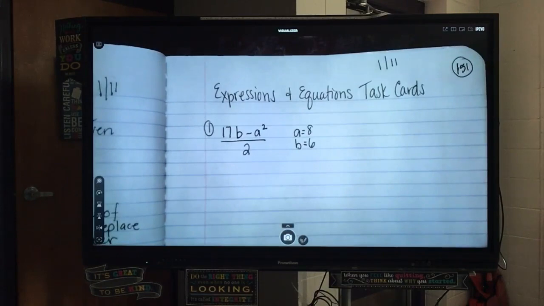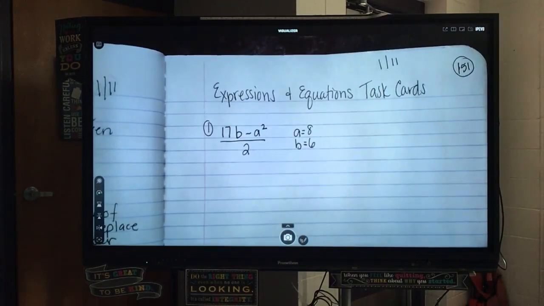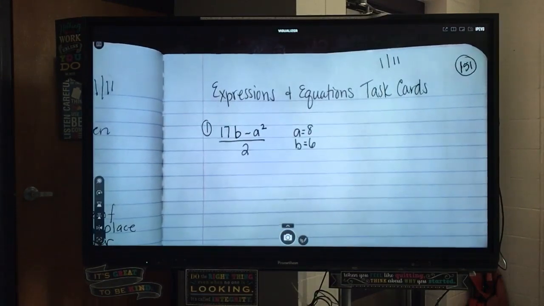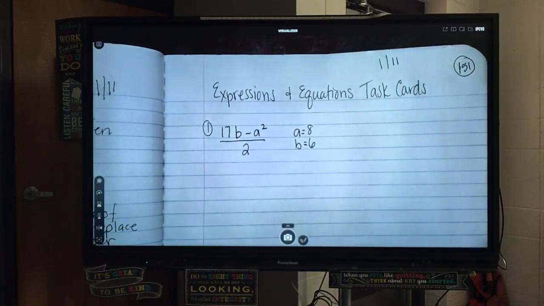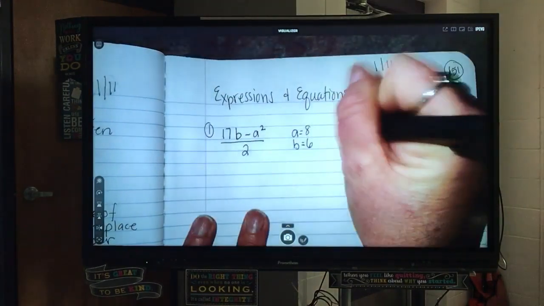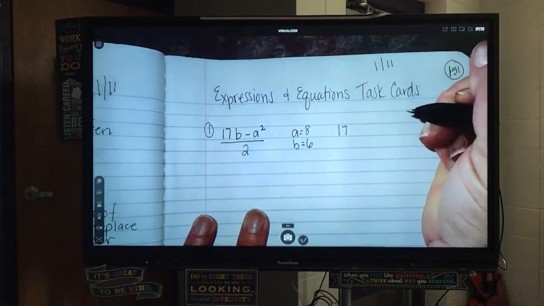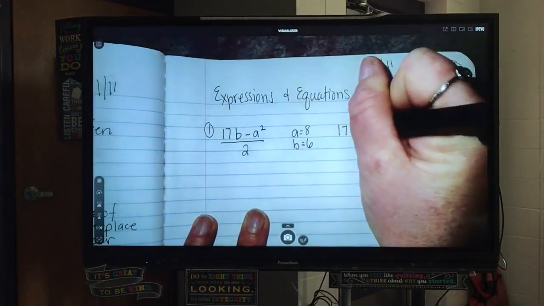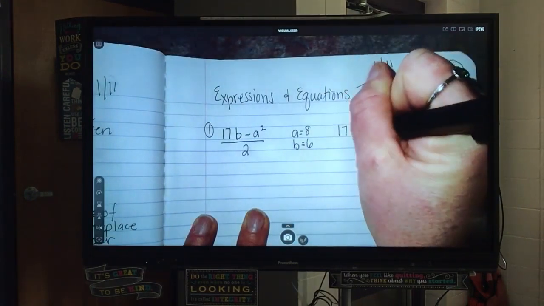Do we know the values for b and a? Yes, we do. So then, what do we have to do to start with? Jeremiah? 17b, since we know b equals 6, you would do 17 times 6 with parentheses.